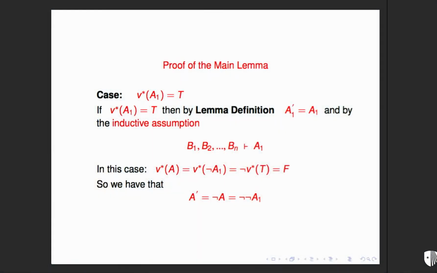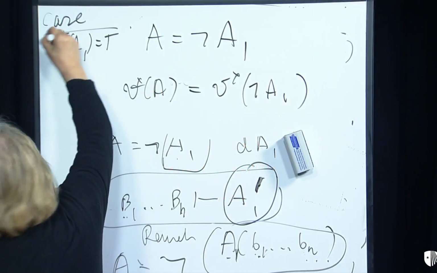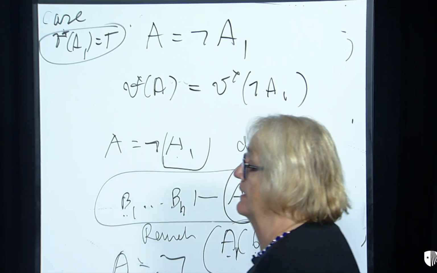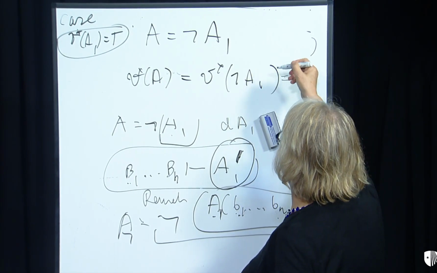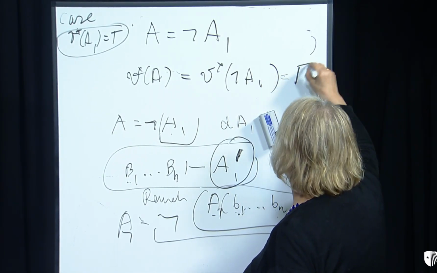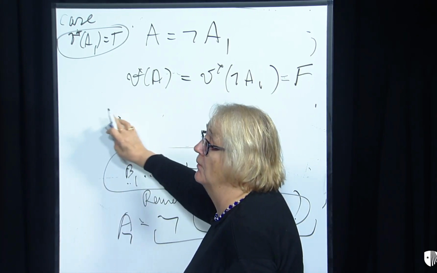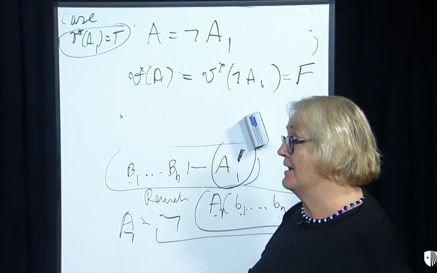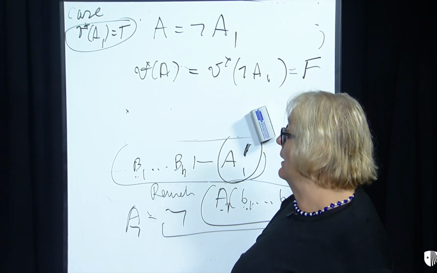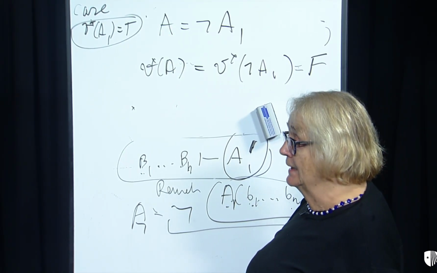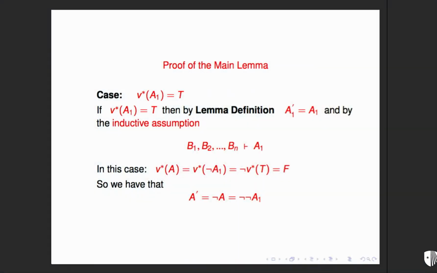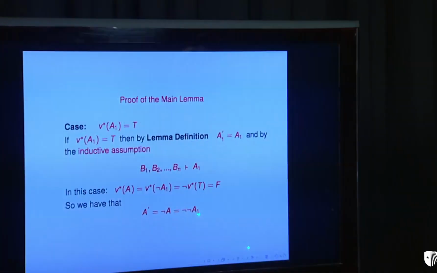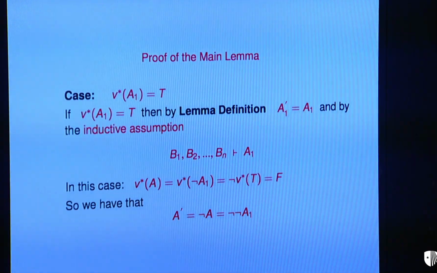And we have the case that V of A1 equals T, so V of A would be F, right? So now we have that A prime for our A would be negation of A, because V of A was F, so that would be double negation of A1.